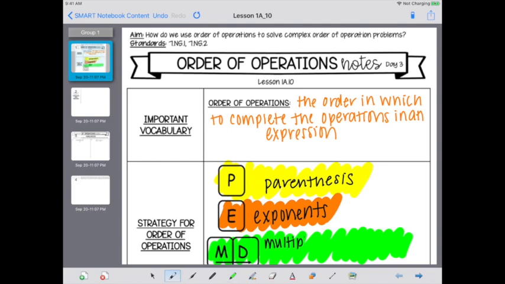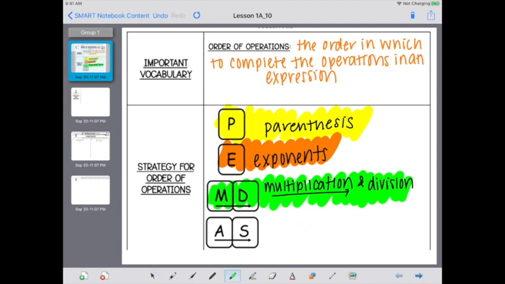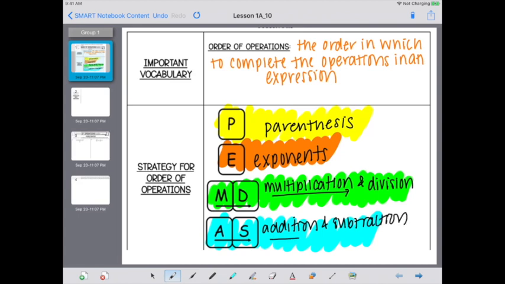For multiplication and division, there's a special thing where you want to solve this from left to right. Same thing with addition and subtraction. You want to go left to right. Left to right, whatever comes first in the expression.